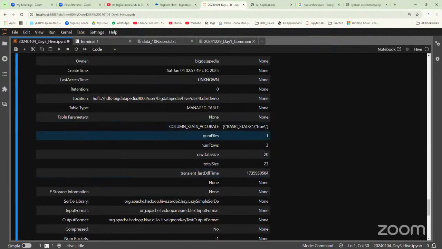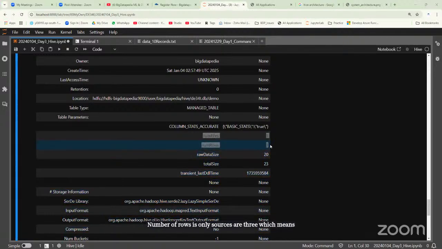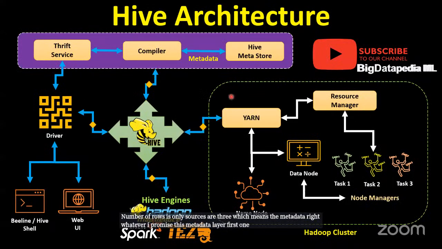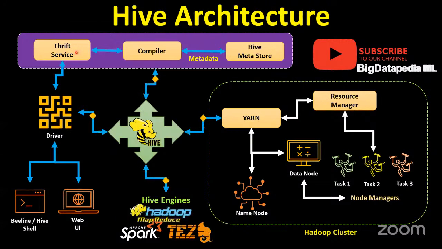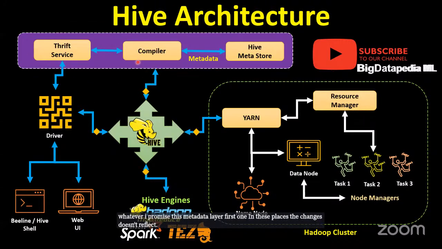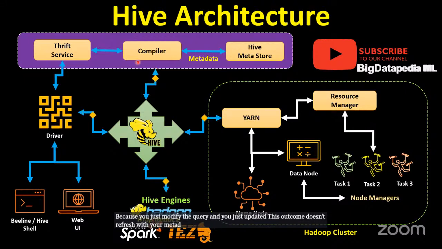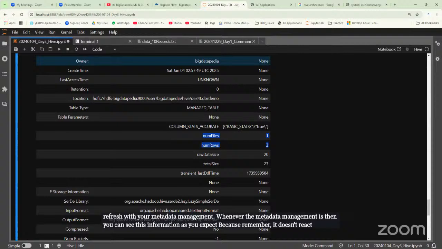Here you can see it still shows only 1 file, and the number of rows shows only 3, which means the metadata, as I promised, in this metadata layer the changes don't reflect. This outcome doesn't refresh with your metadata management. Whenever the metadata management is refreshed, you can see this information as you expected, because the metadata doesn't react to this at runtime.